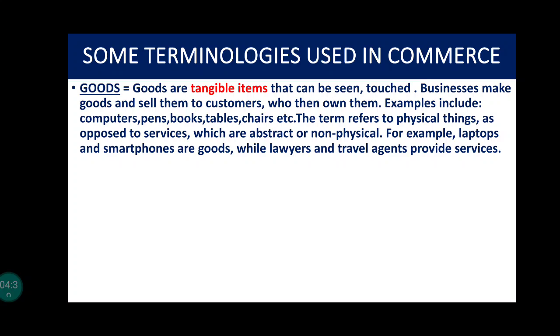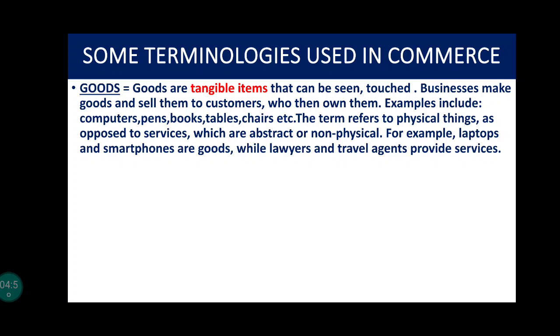Because when we buy goods and give something in return, the ownership is transferred from the producer to the customer. Examples of goods include computers, pens, books, tables, chairs and so on.